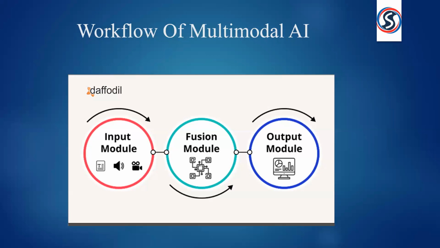After the extraction, the fusion module comes into the scene for integrating the information from multiple modalities such as text, images, audio, and video. It can take many forms, from simple operations like concatenation to more complex approaches such as attention mechanisms, graph convolutional networks, or transformer models.